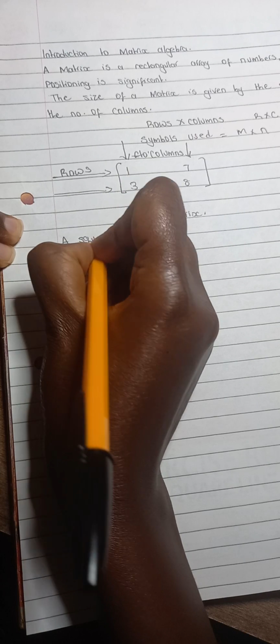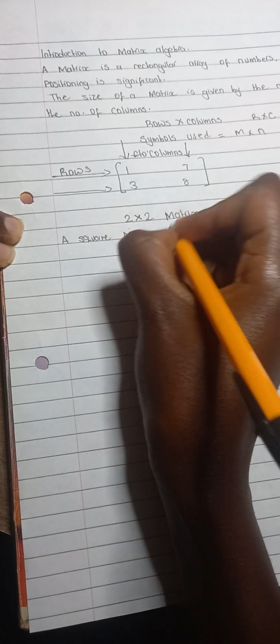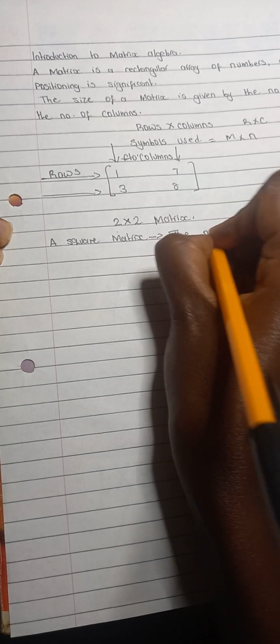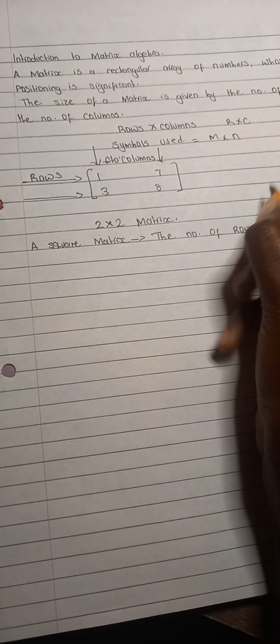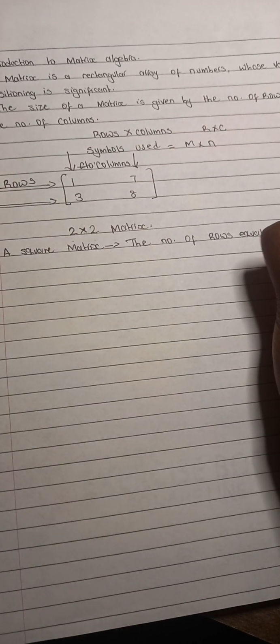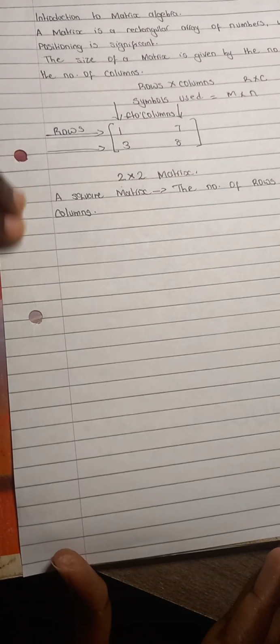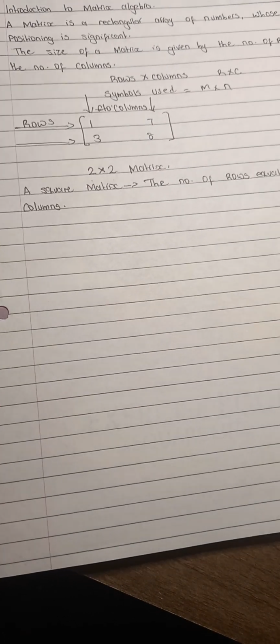Now this is a matrix where the number of rows equals the number of columns. That is what we call a square matrix. For us to understand, let us look at other examples.